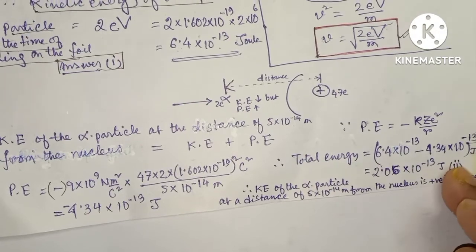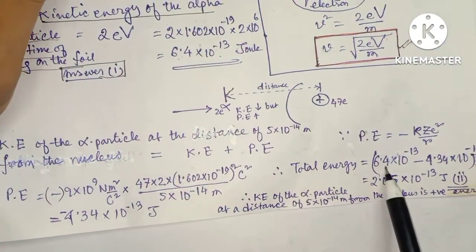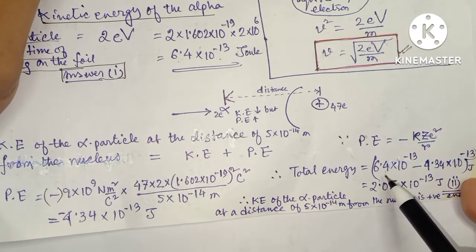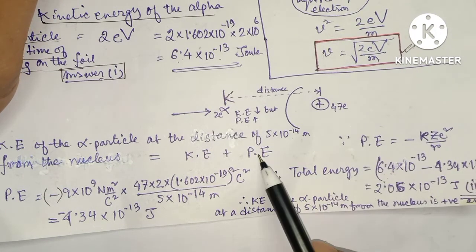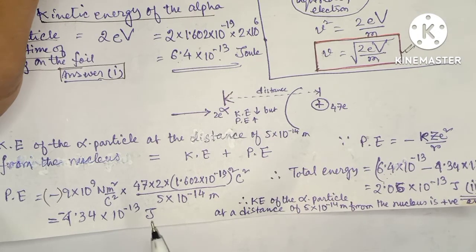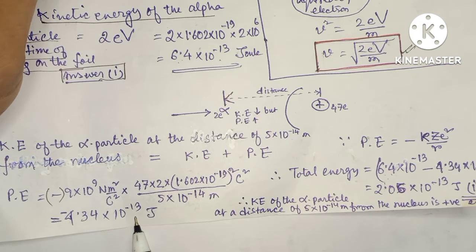So total energy will be potential energy plus kinetic energy. Therefore the kinetic energy expression that we have got is 6.4 into 10 to the minus 13, and the potential energy we have already calculated is minus 4.34 into 10 to the power minus 13.